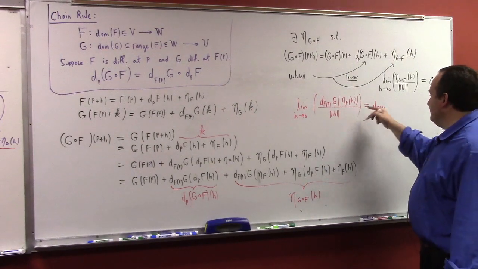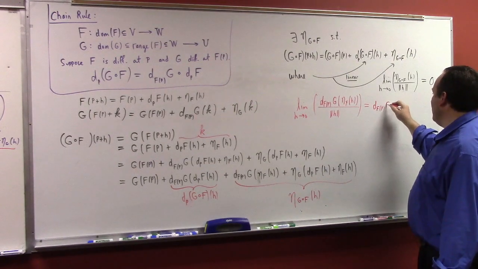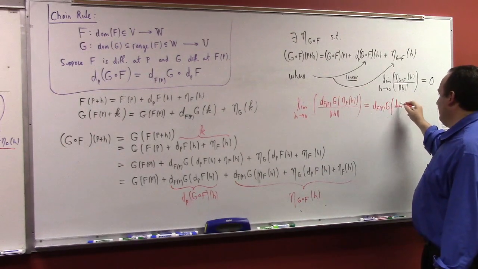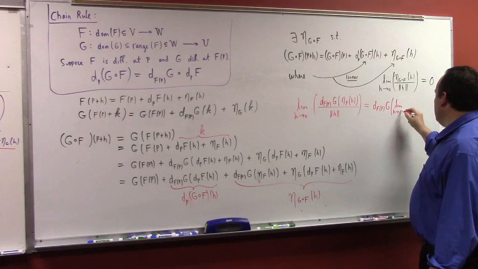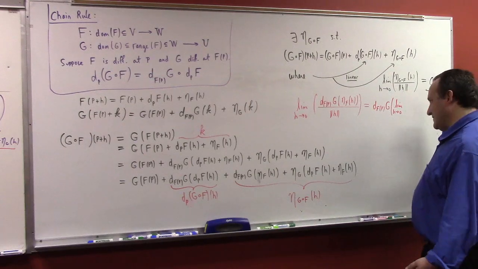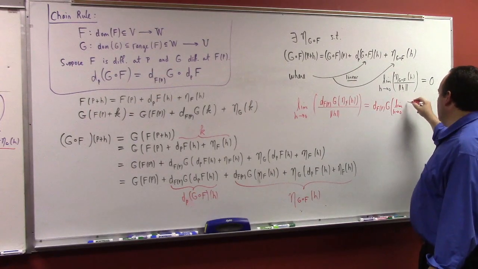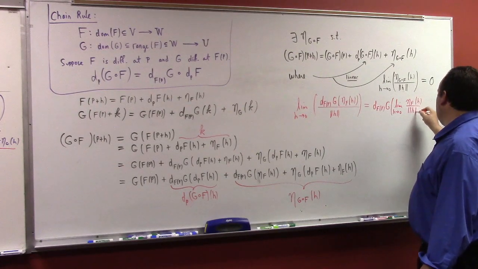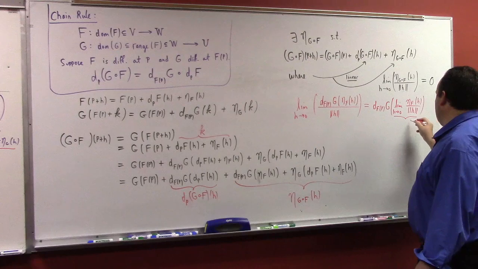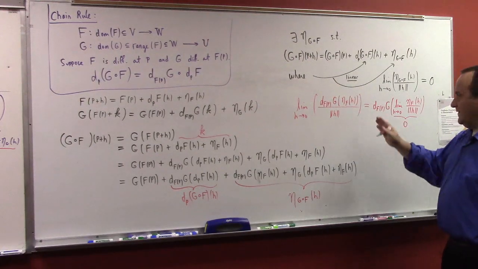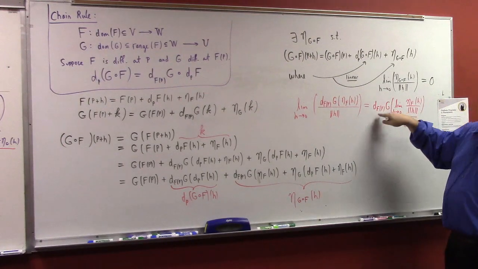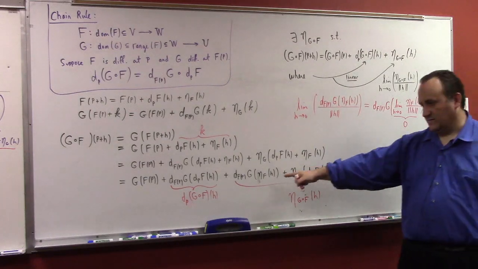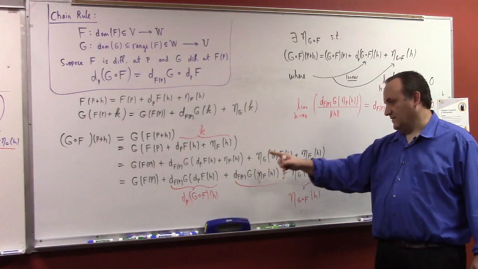But anyway, so the point is they got d sub f of p of g of the limit as h goes to 0. This is by continuity of the differential. Since it's a linear map, I can pass the limit inside. And then this is by assumption 0. And then we're feeding 0 literally into a linear map, which is then 0. So that piece goes to 0 upon division by h.